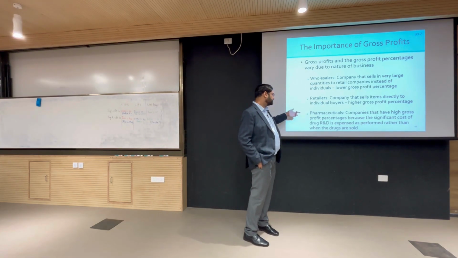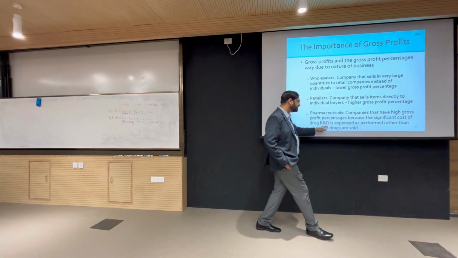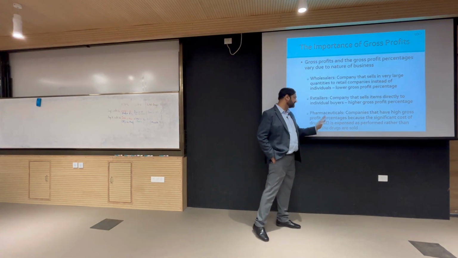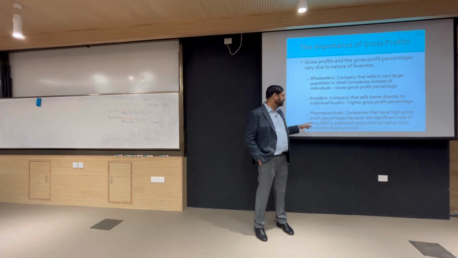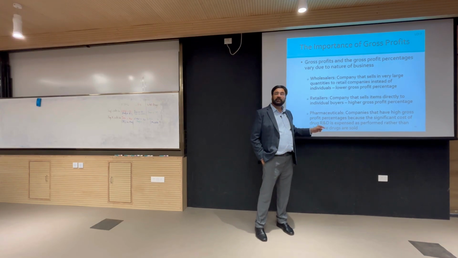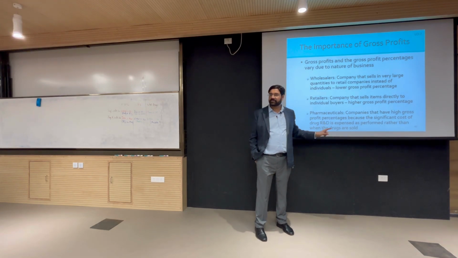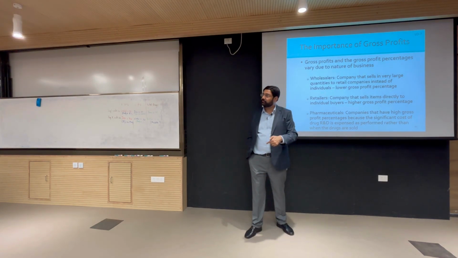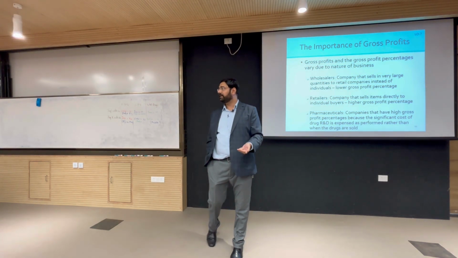Pharma companies have a high gross profit percentage, because the significant cost of drug R&D is expensed as performed rather than when the drugs are sold. R&D expense is recognized not at the point of sale, but when you actually did the R&D, right?